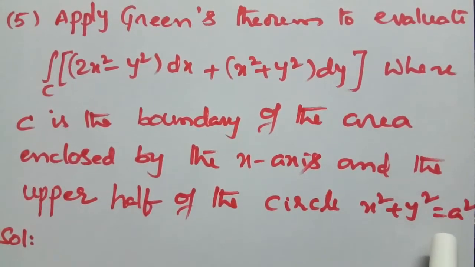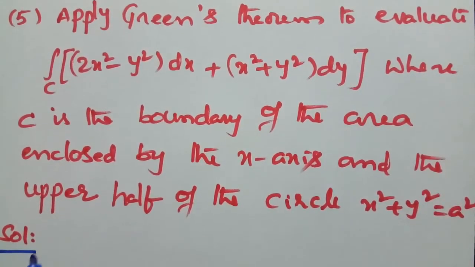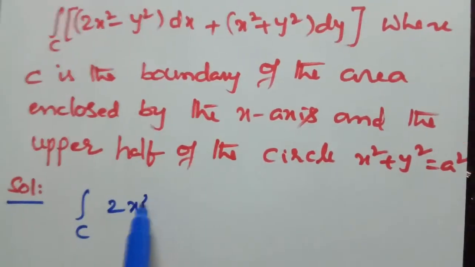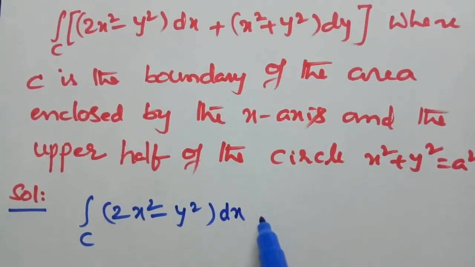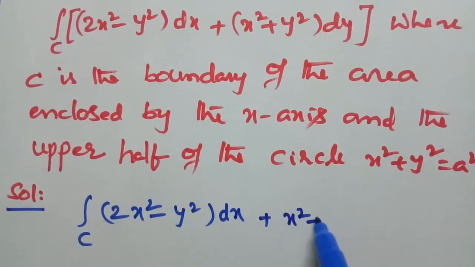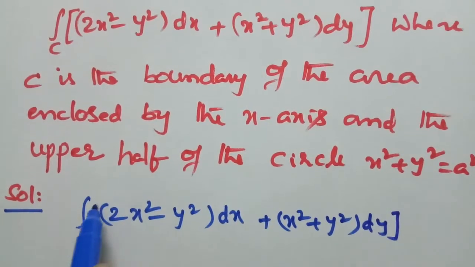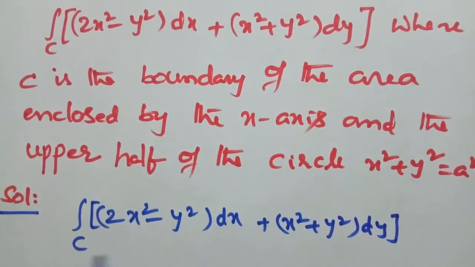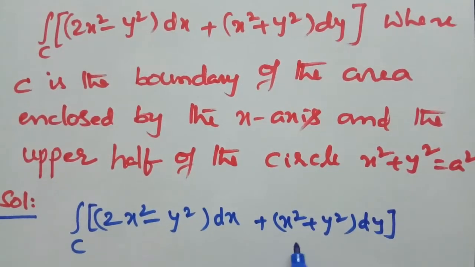Now, solution, write down the given integral over C 2x square minus y square dx plus x square plus y square into dy, where C is the boundary of the area.